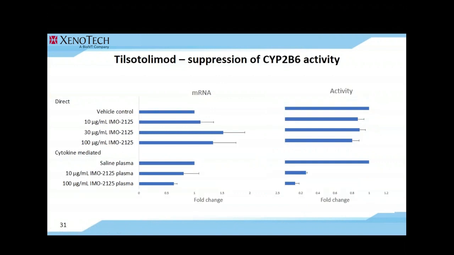Tilsotolimod also indirectly suppressed CYP2B6 activity. The drug did not have direct or cytokine-mediated effects on mRNA or activity, but it indirectly suppressed CYP2B6 activity by more than 80%.